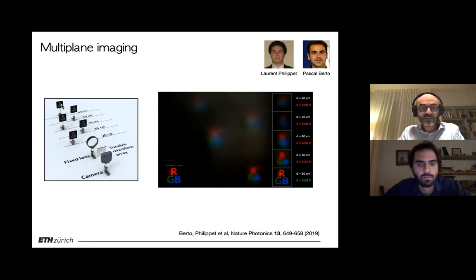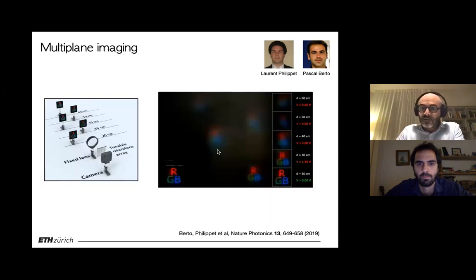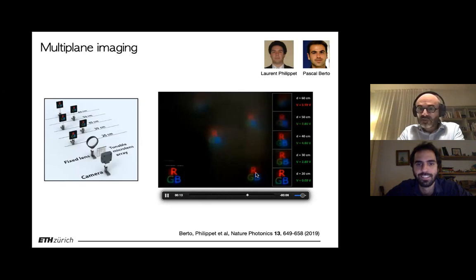And what we do is to image, or we try to image in the camera plane, these different pillars that have these RGB logos and that are positioned at different planes. And the video I'm going to show now is how we individually adjust the voltage in order to put in focus each of the posts. And in fact, there's an algorithm that identifies when the focus is obtained. Eventually, of course, if I switch off, the thing just comes back to the original.